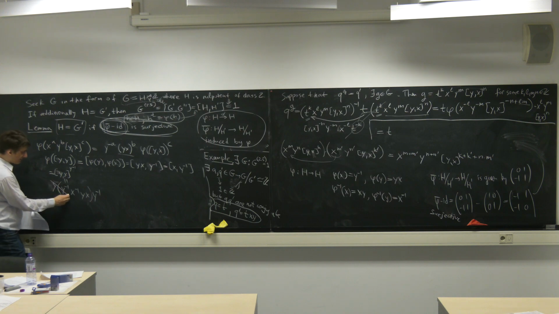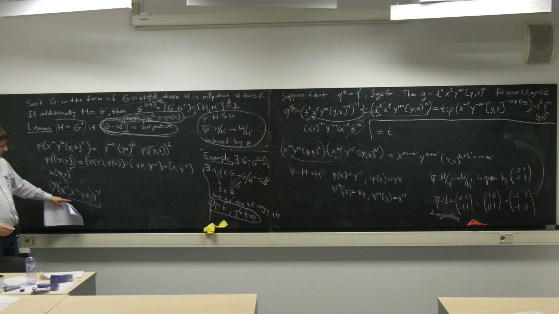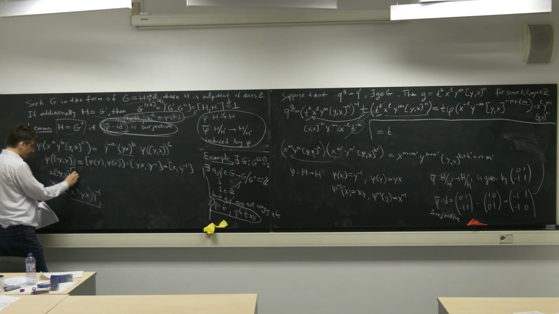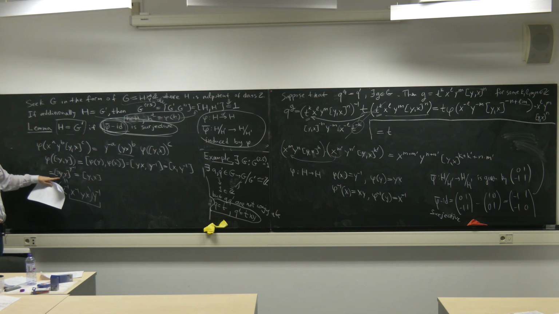Now this cancels and we get this, which is precisely that. And now this is the same as yx, because in our group all commutators commute with everything else. Our group is nilpotent of class 2.